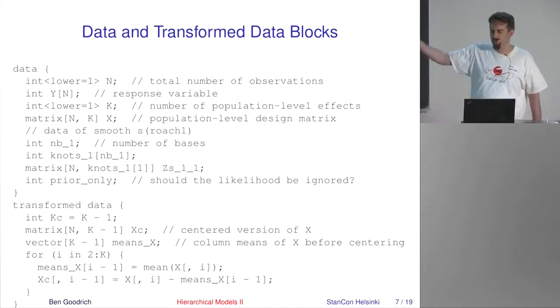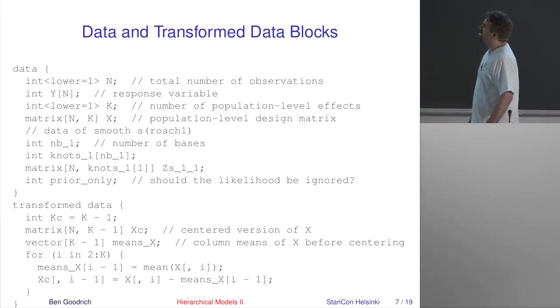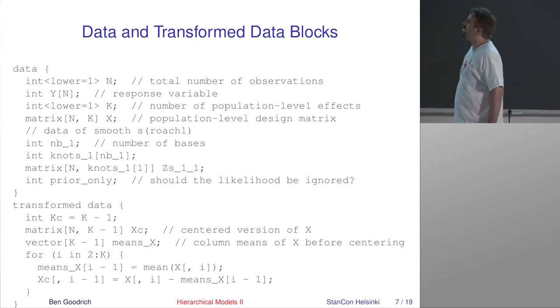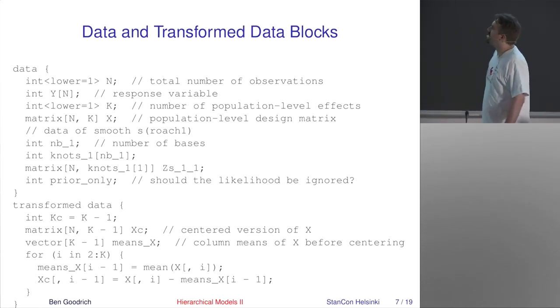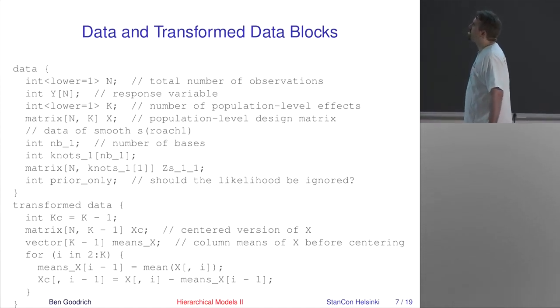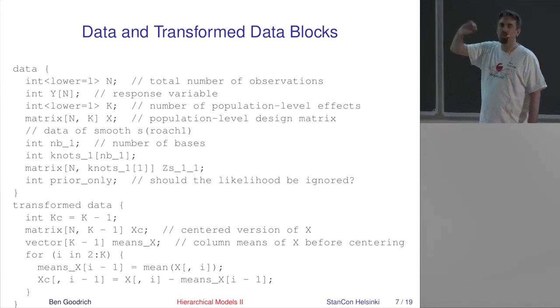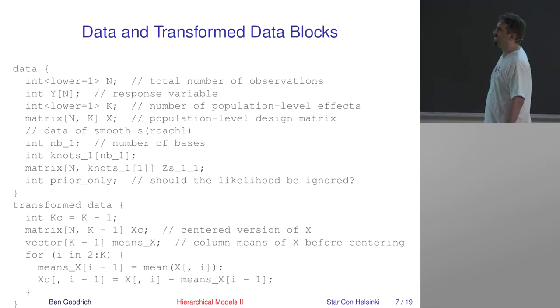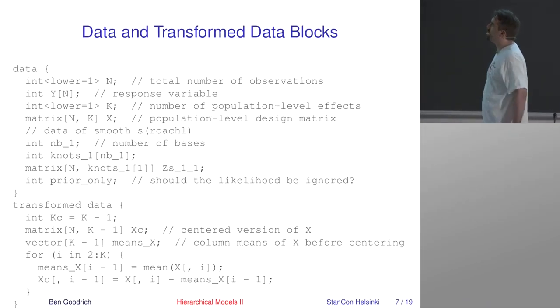So it's the same stuff. Number of observations, an integer array that has the counts of the outcome, the number of common coefficients that go into our regression, an N by K matrix that holds those predictors, and then we have stuff pertaining to the smooth function, or the deviation from linearity in the function relating past roaches to future roaches.